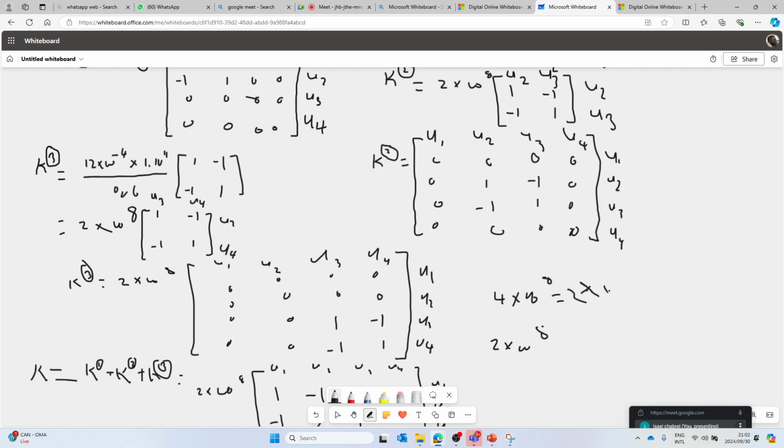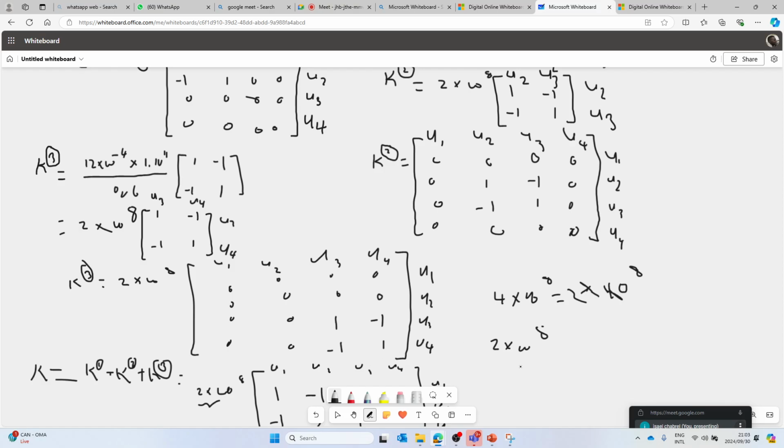That simply means that inside my matrix, all these values should be divided by 2. Now I created a relation. In that way, I can still use 2 times 10 to the 8 as common factor and do my addition.